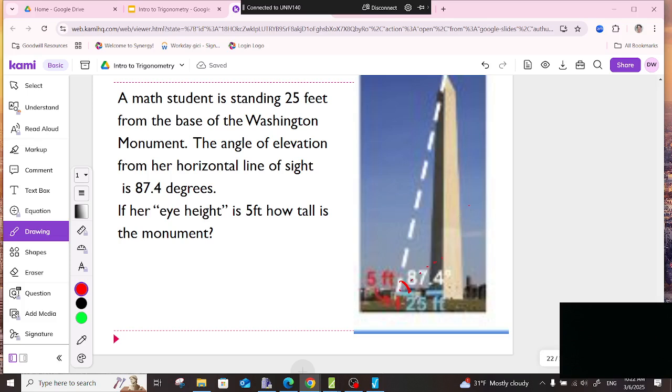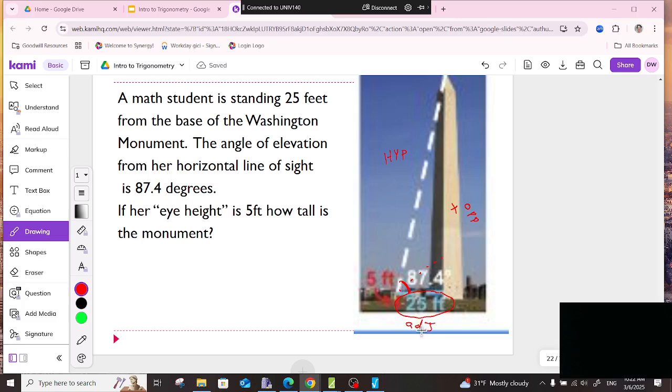What's this? This is opposite. So the height of the Washington Monument is opposite. The hypotenuse is this right here, which I don't have any information on. This is what I'm looking for. And then over here, I'm 25 feet away from the base, which this is adjacent.